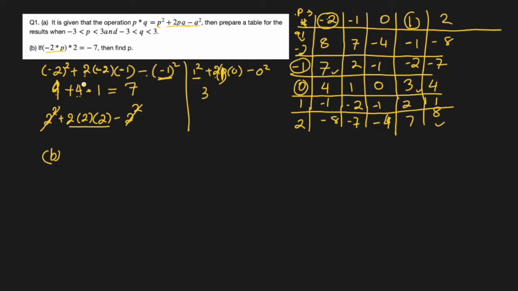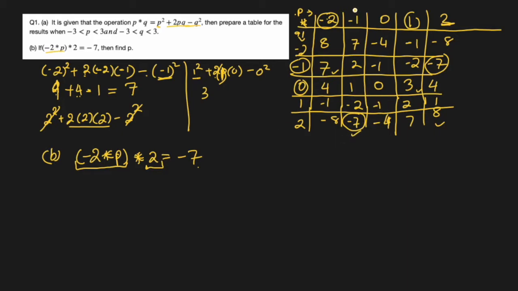If -2 star P star 2 is -7, find P. So there is something star 2 is -7, and that's something we can get from the table. And -7 is here. Second number should be -2. Here the first number P is 2, right? So this one we will take.